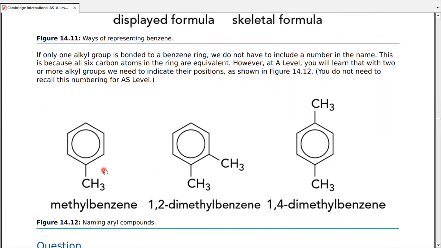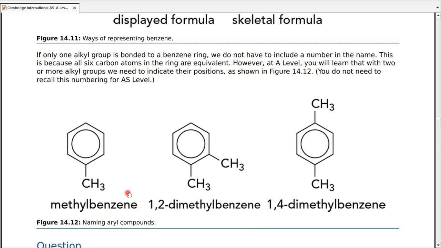Or if it's benzene-based alcohol, or ketone, or aldehyde, we can keep on giving it different names. Benzene-based alcohols, and other benzene-based compounds, ketones, or aldehydes would also be discussed in A2.